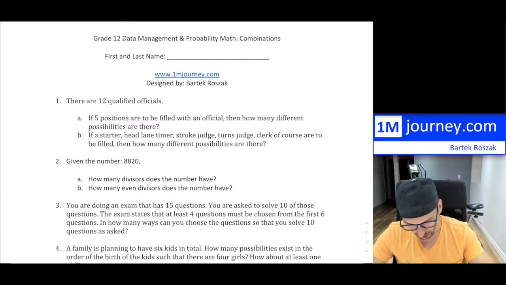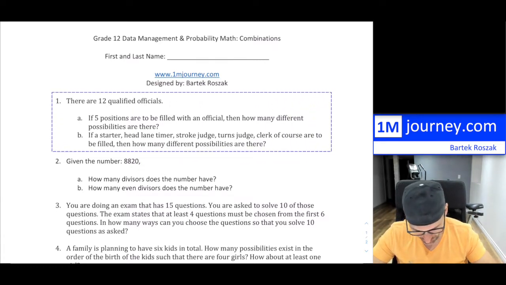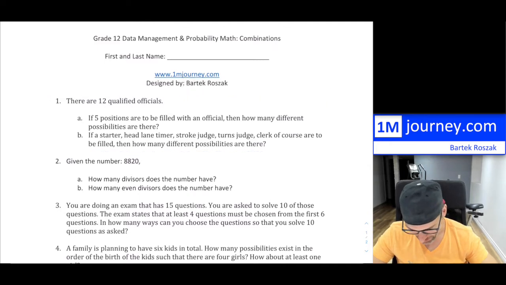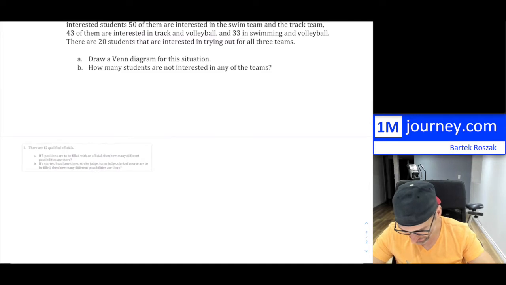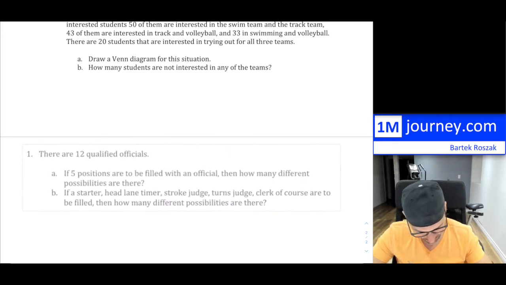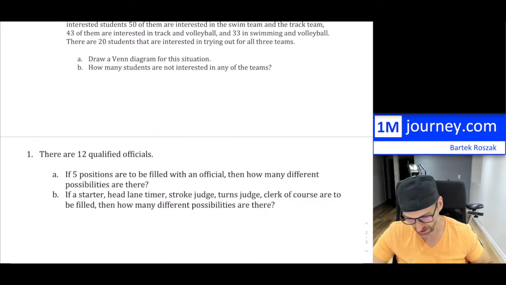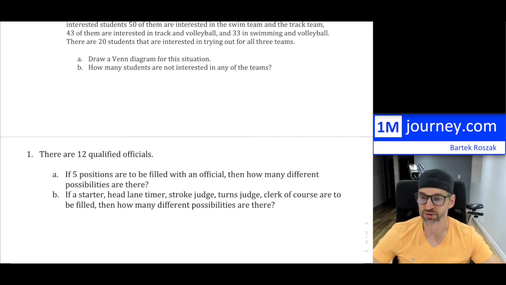Question number 1. There are 12 qualified officials, and there are 2 parts to this question. Part A asks: if we have 12 officials and 5 positions are to be filled, where all the officials are qualified, how many different possibilities are there?